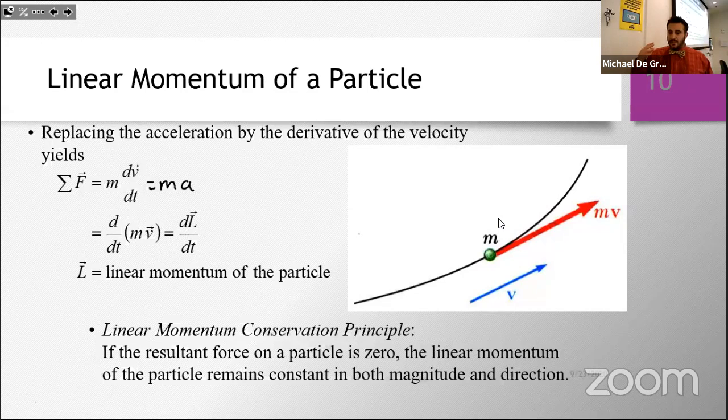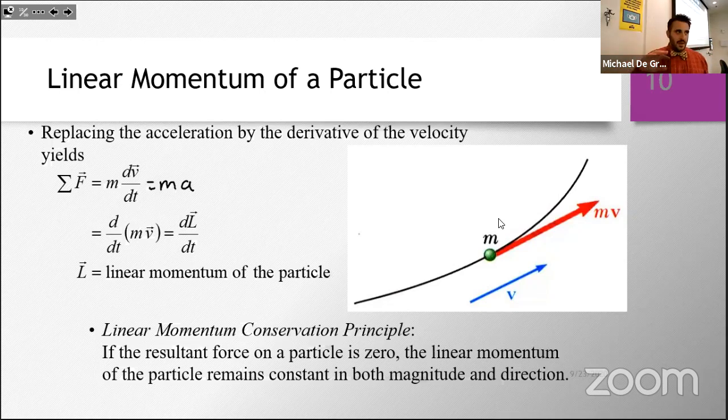So if momentum is mass times velocity, and mass is constant, at least we consider it to be, then I can pull that derivative out. Because we went over derivatives, and one of the properties is that you can pull a constant out, but I can also put a constant back in if I want. It works in reverse. So this is just the sum of my forces is the change in my linear or translational momentum with respect to time.